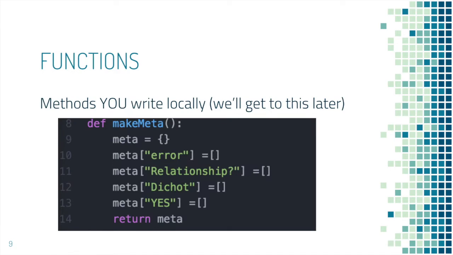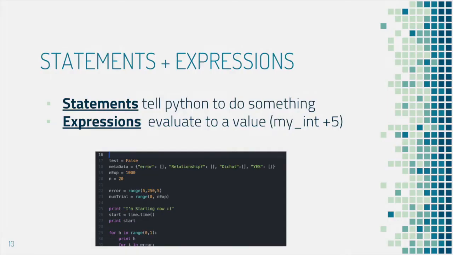The second part is functions, and these are sort of like modules in the sense that these are pieces of code that have a very specific purpose, but these are things that you have written yourself. So we'll talk a little bit more about this at the end of the class, but the next thing that we use, and honestly we've already been using, are statements and expressions.